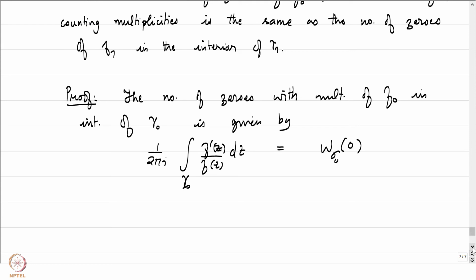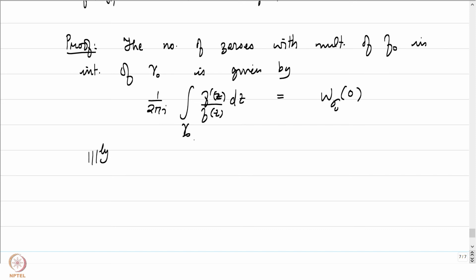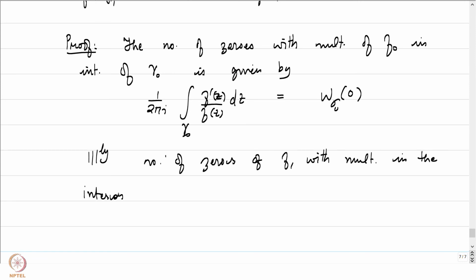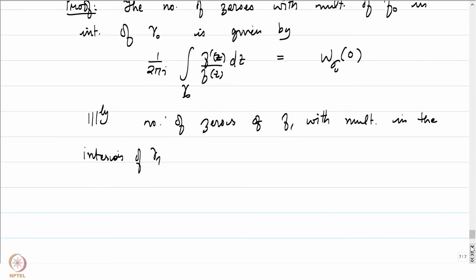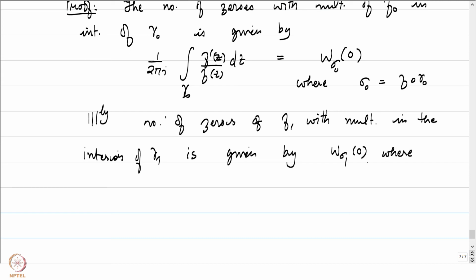That is the number of zeros here, and similarly the number of zeros of f_1 with multiplicity in the interior of gamma_1 is given by W(sigma_1, 0), where sigma_0 is the composition of f_0 with gamma_0 and sigma_1 is the composition of f_1 with gamma_1.